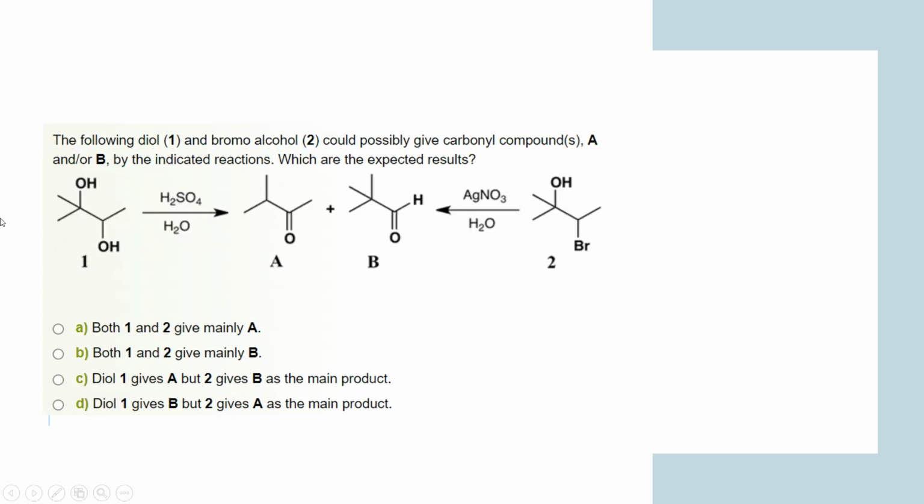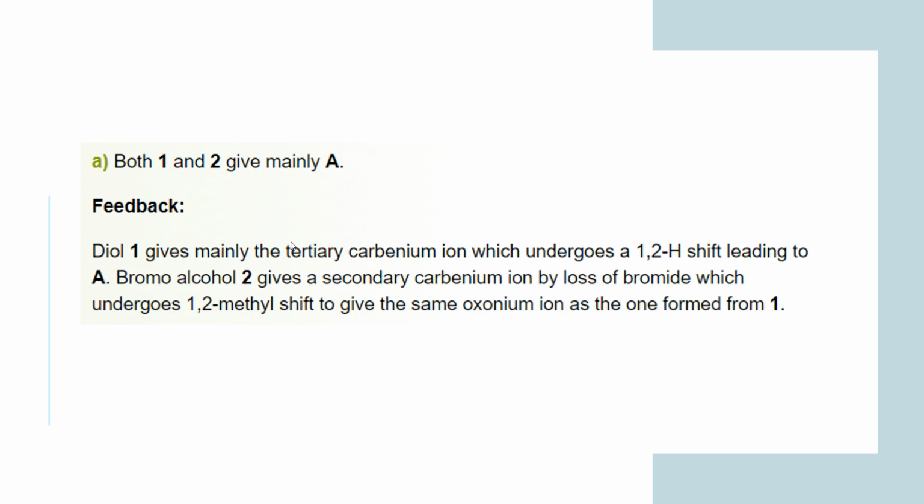So in both cases you are going to get product A, but definitely both reactions are not following the exact same pathway. Only the products formed are the same. I hope the reaction mechanisms for both reactions were clear to you.